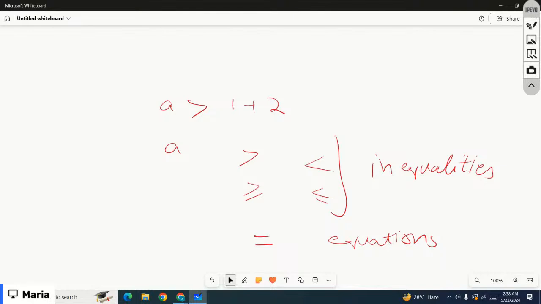Any other question if you have any? Isolating a variable means you have the variable on one side and the rest of the things on the other side.